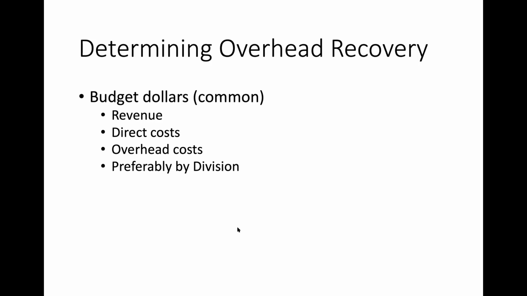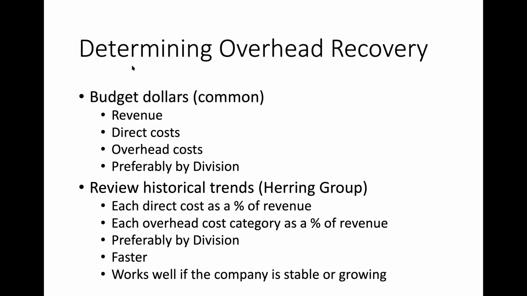The other way that we use, and we're going to demonstrate this morning, is reviewing historical costs, where each direct cost is a percentage of revenue. Each overhead cost category is a percentage of revenue. We do it by division, and we think it works a little faster, and it works well if the company is stable or growing.